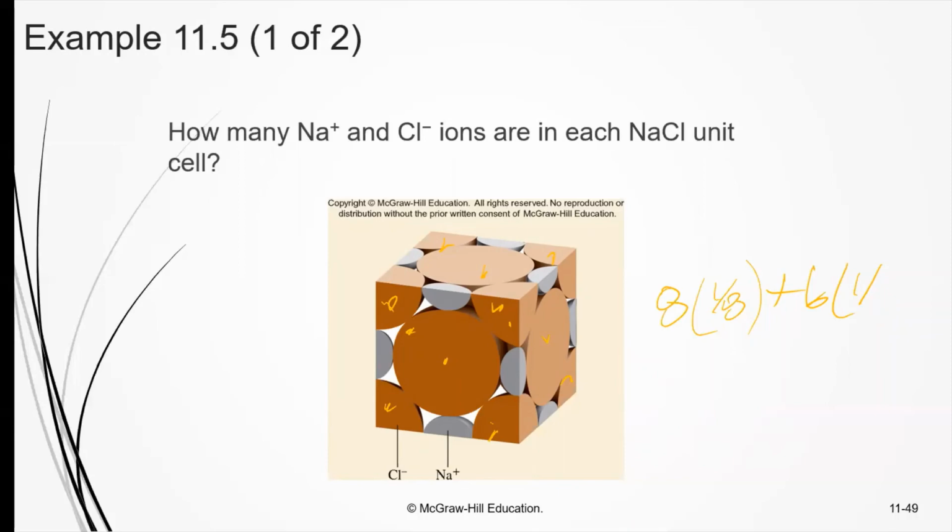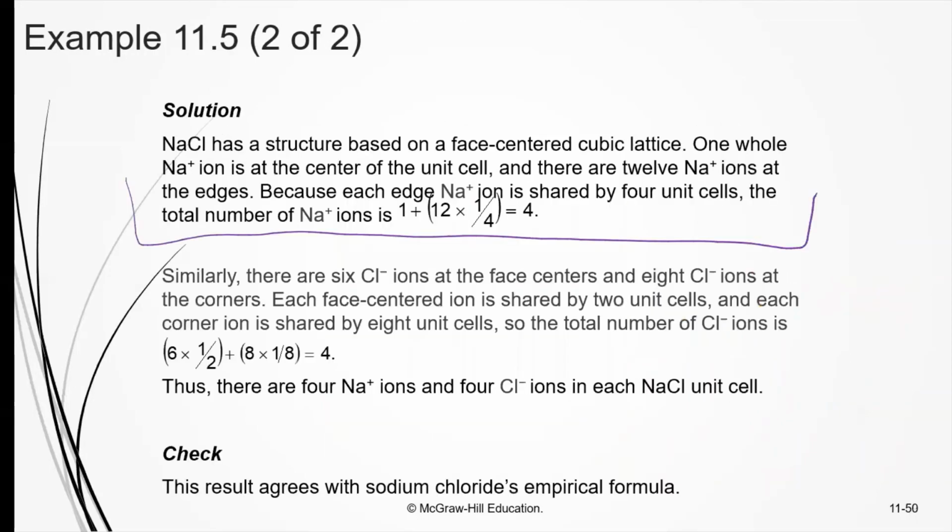We should have 6 of those chlorines, one from each face. And so we should get a total of 8 times 1/8, so that's 1 plus 6 times 1/2. That's going to be 3, so we get a total of 4. So each of those unit cells is packed with 4 sodium ions and 4 chlorine ones, which kind of makes sense because our empirical formula should be NaCl.